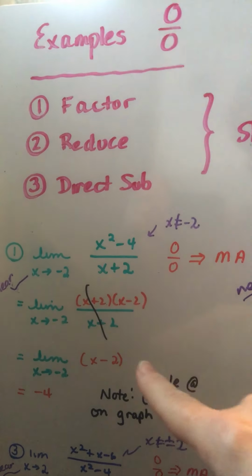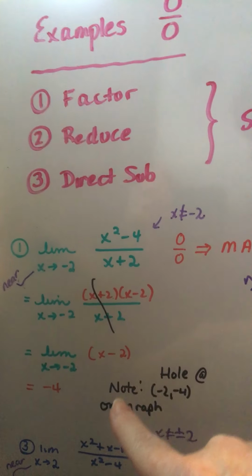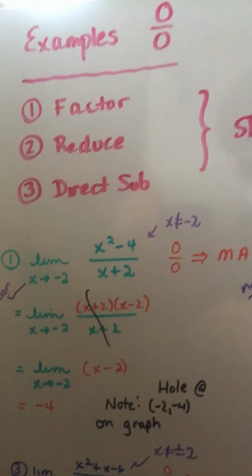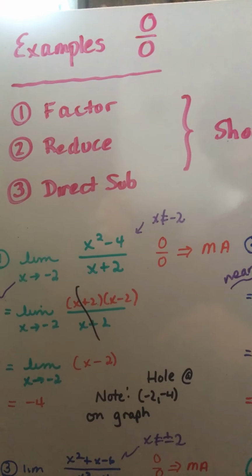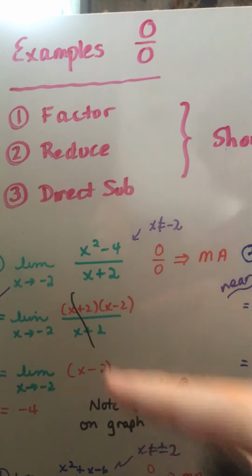So I factored, and then I reduced, and now I'm ready to do direct substitution. But notice I'm doing direct substitution after I've done algebra reducing. So -2, -4 represents a hole on our graph.